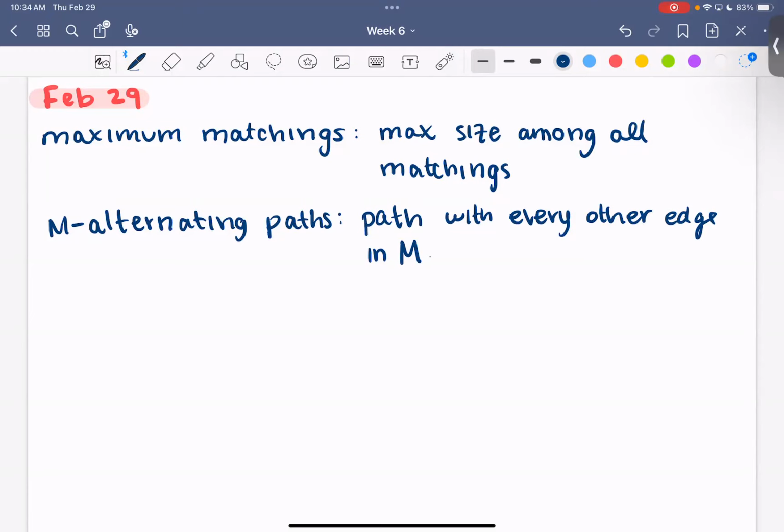And then one other idea that we're going to need for this is an M augmenting path. So this is an M alternating path whose endpoints are unsaturated.